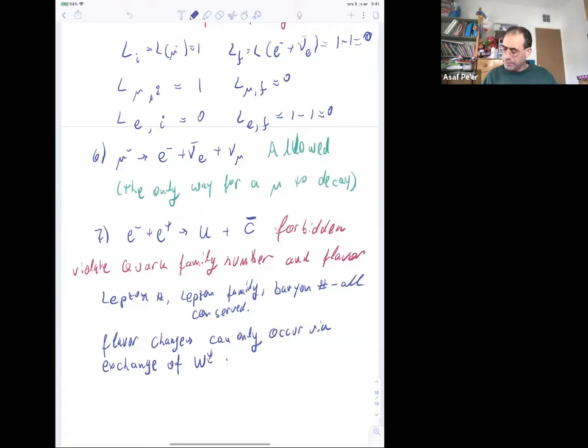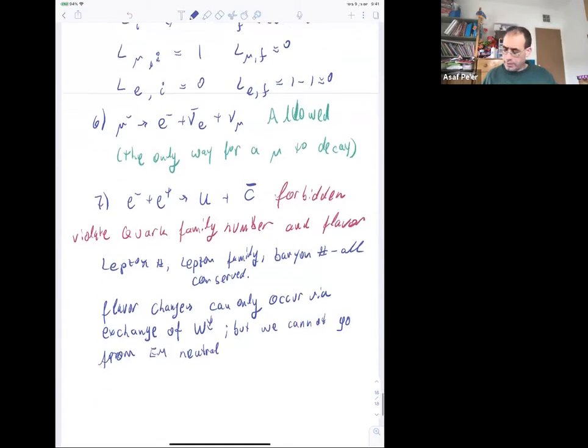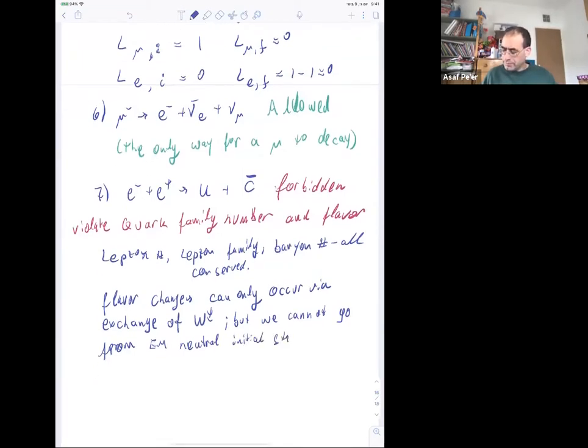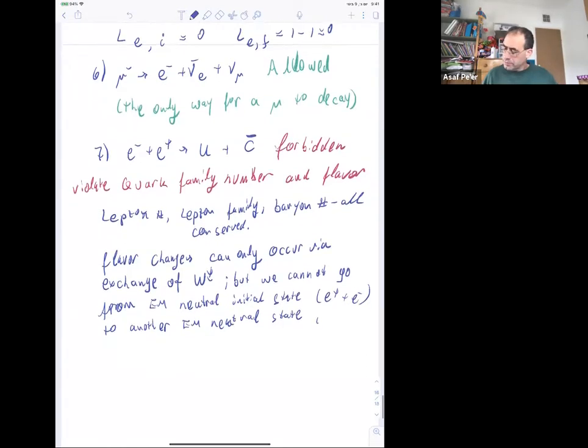But we cannot go from an electromagnetically neutral initial state, e plus and e minus are electromagnetically neutral, to another EM neutral state with an electrically charged W. So this is forbidden.